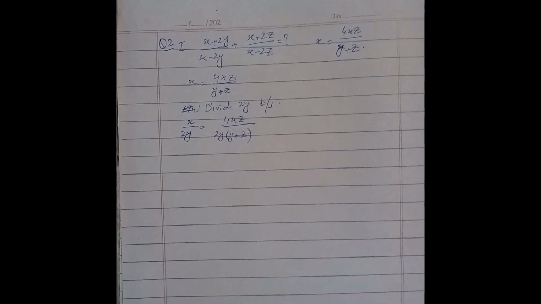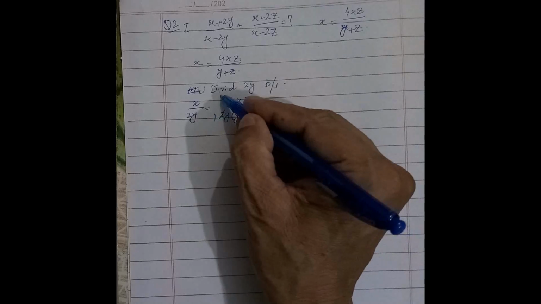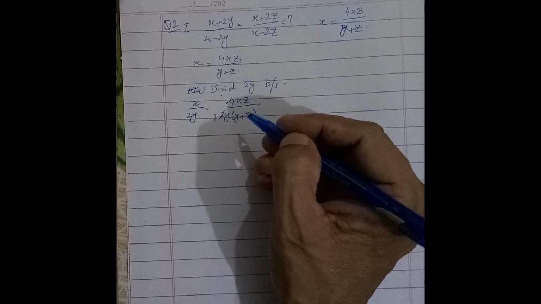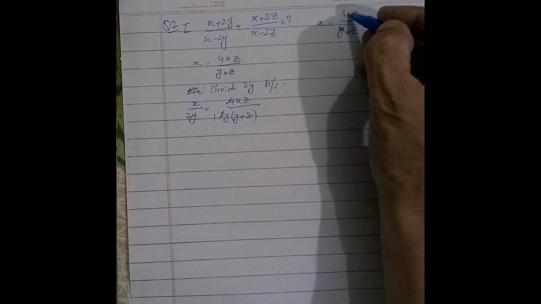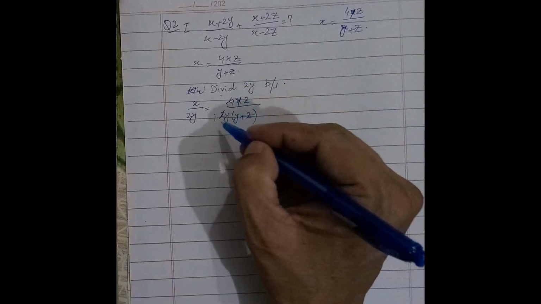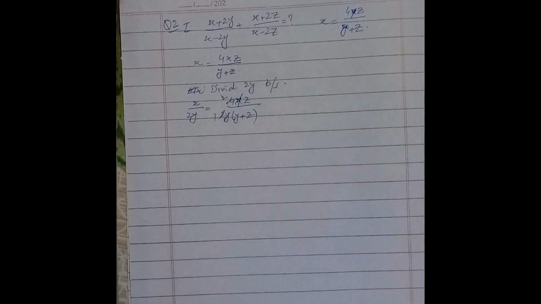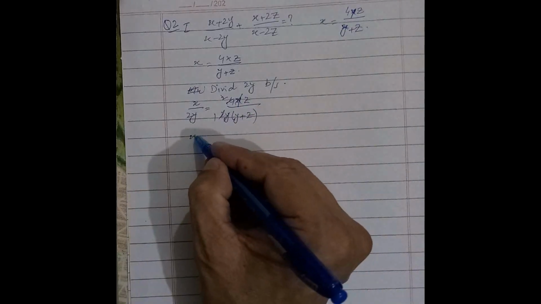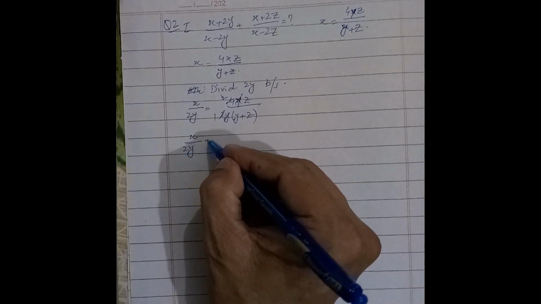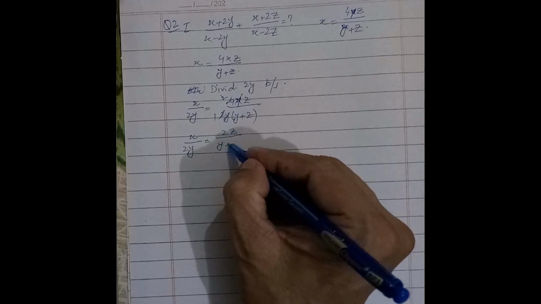Now simplify these values. 2 ones are 2, 2 twos are 4, y cancels with y. After simplifying, we have x over 2y is equal to 2z over y plus z.